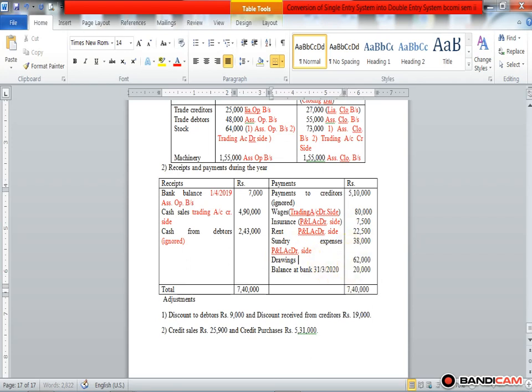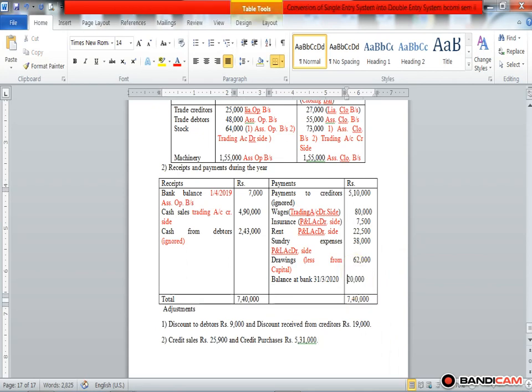Drawing is deducted from capital. Okay, here less from capital. Got it? So drawing is deducted from capital, and the closing balance of cash is given here.